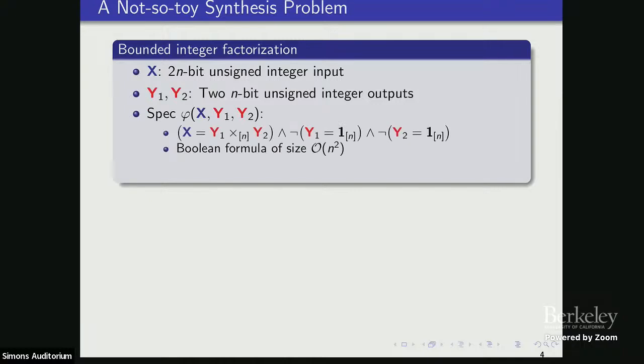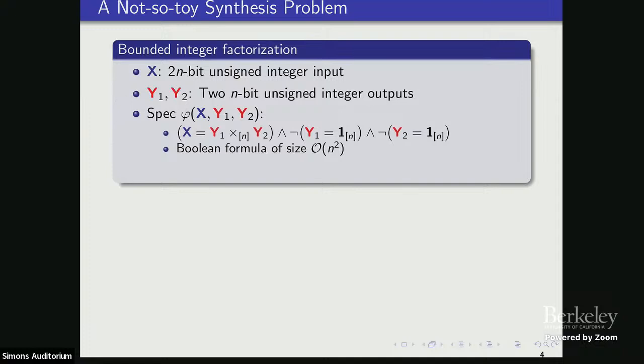I have written it here with some abuse of notation, but I hope all of us understand, and it certainly can be written using a Boolean formula of size O of n squared. So I want to say x, which is the input, is going to be the product of the outputs, integer multiplication. And none of the outputs should represent the number 1 in n bits. These are unsigned integers.